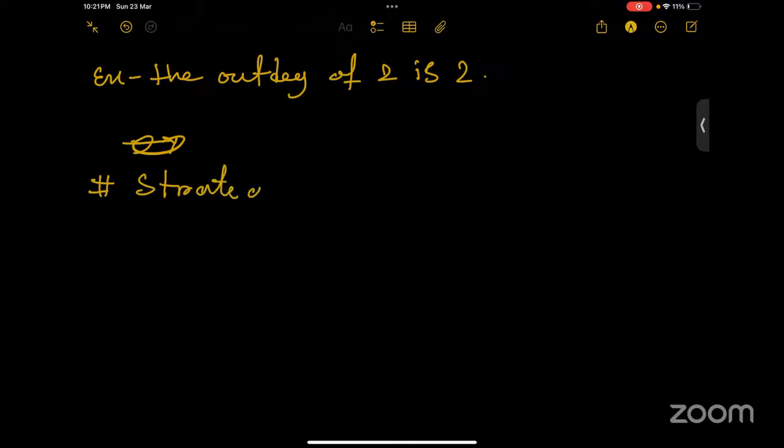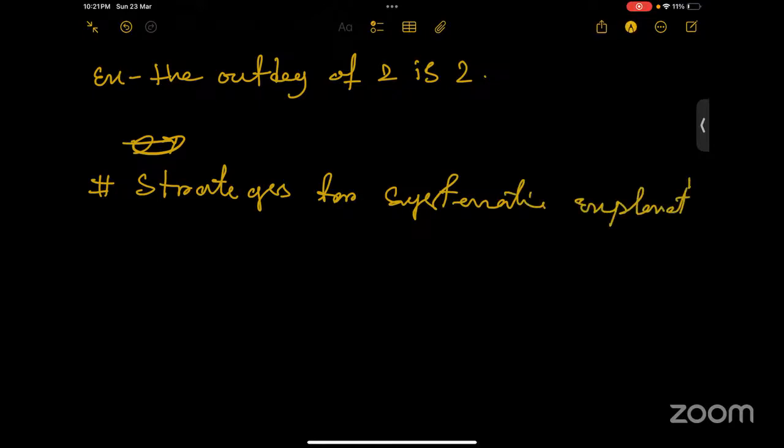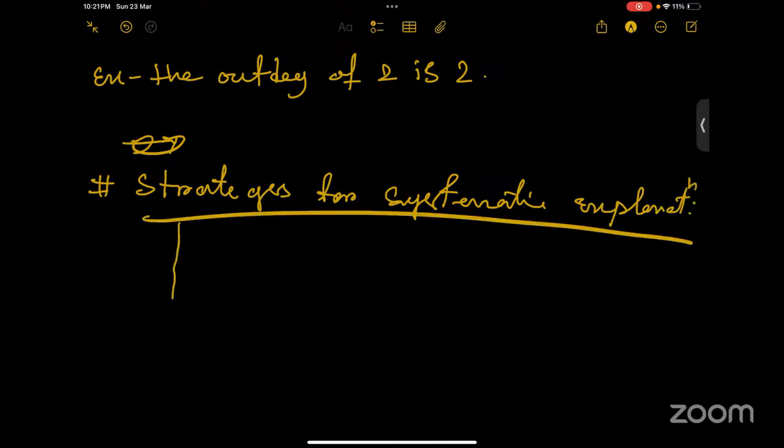So we have two methods, strategies for systematic exploration. First is breadth first method.